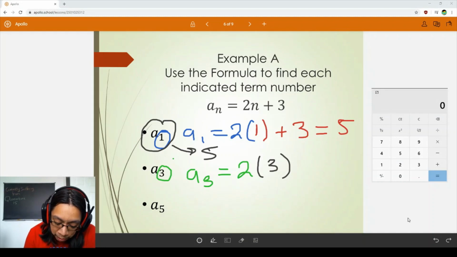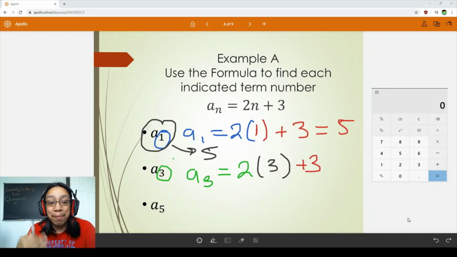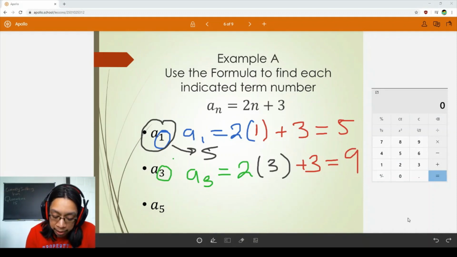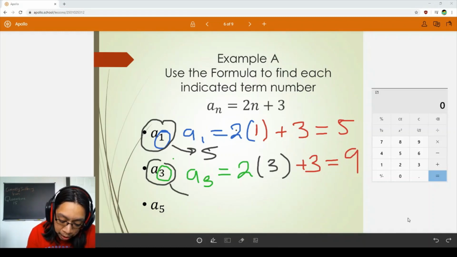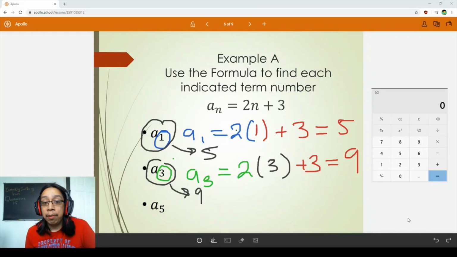Notice that this time we're changing it to a 3 because we're trying to figure out what number is at spot 3. And again, from here, you multiply and simplify. 2 times 3 is 6, plus 3 is 9. So that means that a sub 3, this entire thing, the number that's at the third spot would be the number 9.